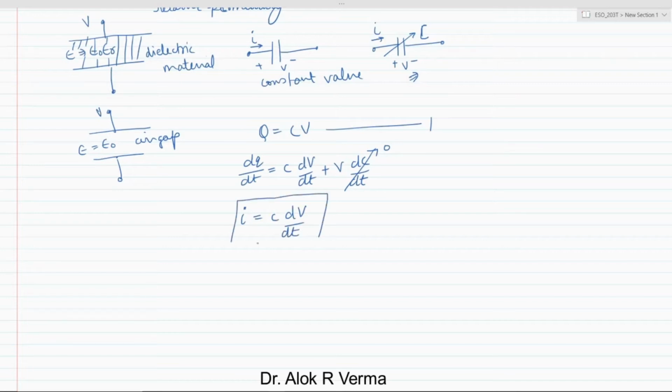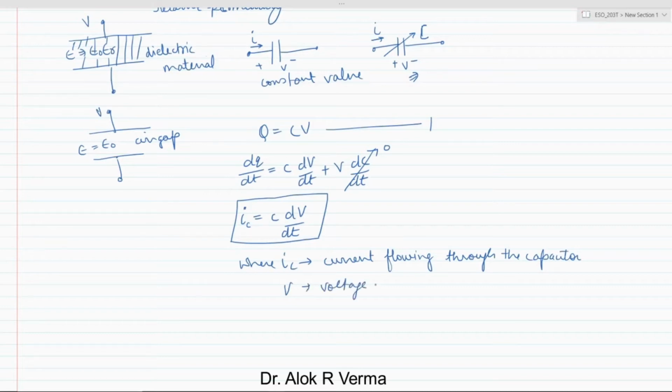This is the current passing through the capacitor, where I_C is the current flowing through the capacitor, V is the voltage across the capacitor, and C is the capacitance, assumed to be constant.